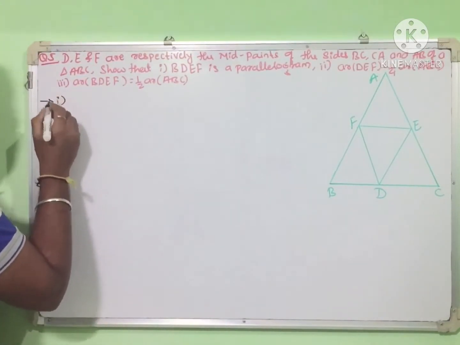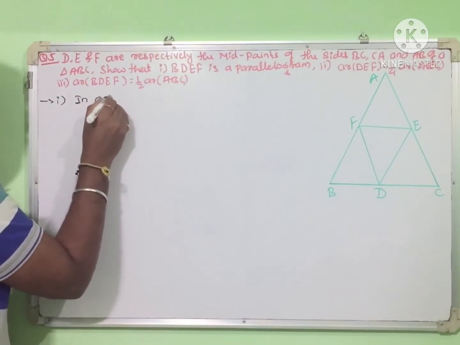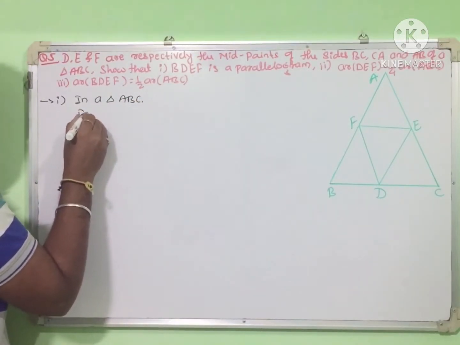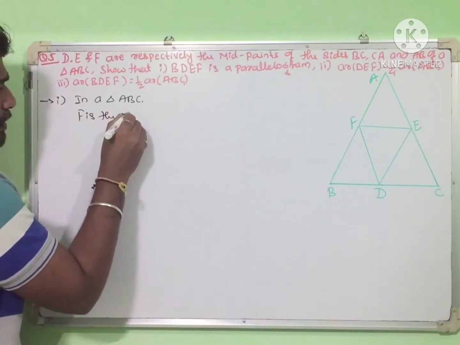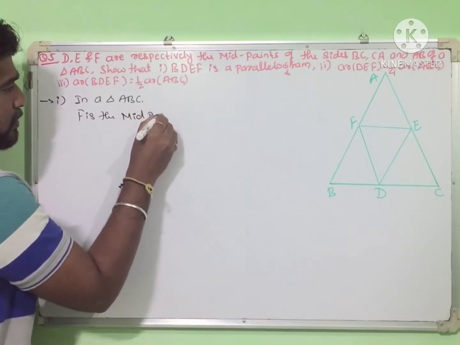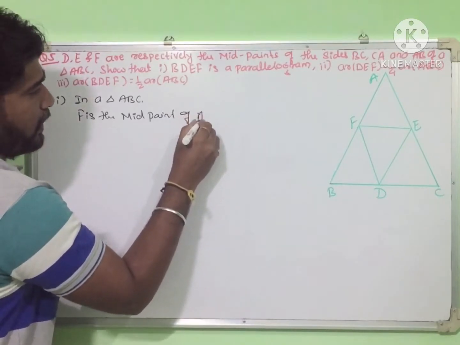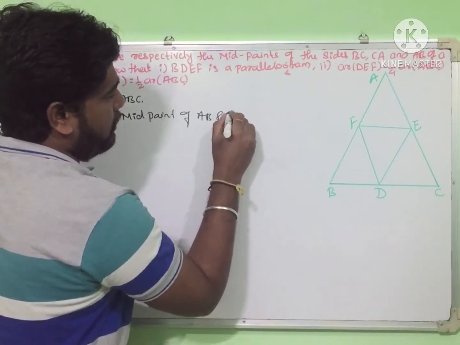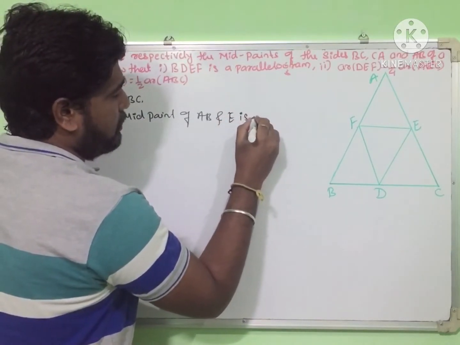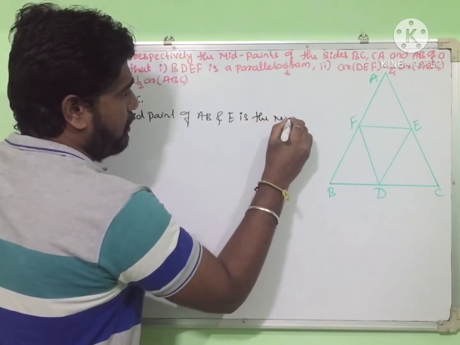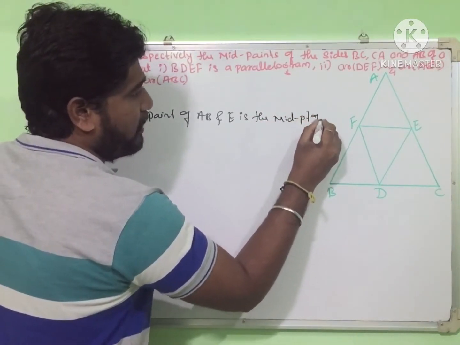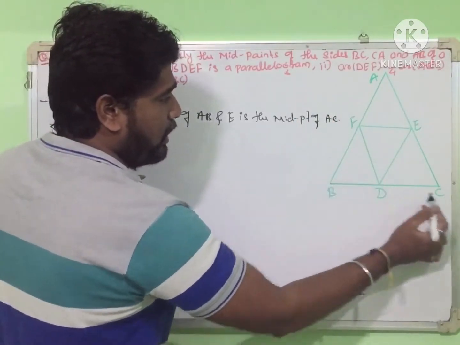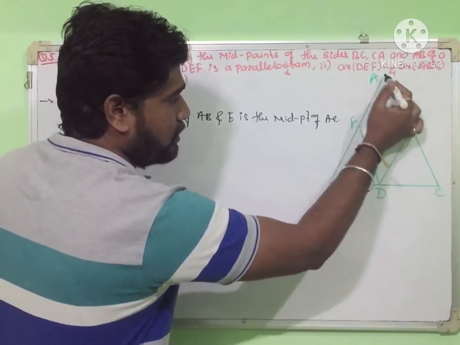The first one. So in a triangle ABC, F is the midpoint of AB and E is the midpoint of AC. They only gave this, right?